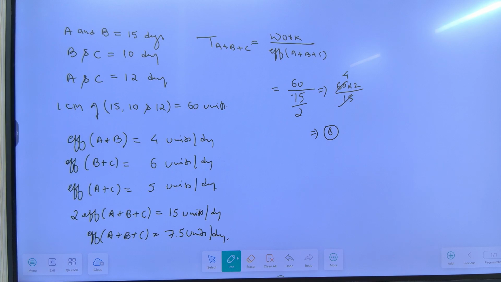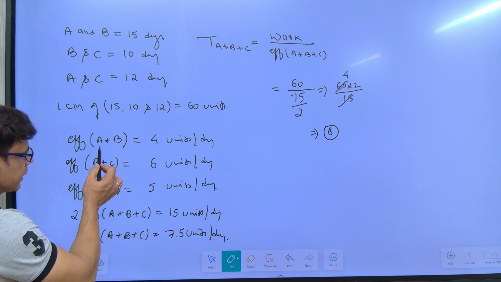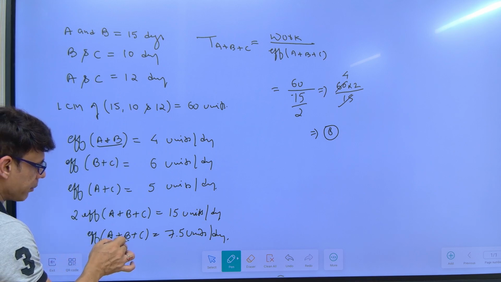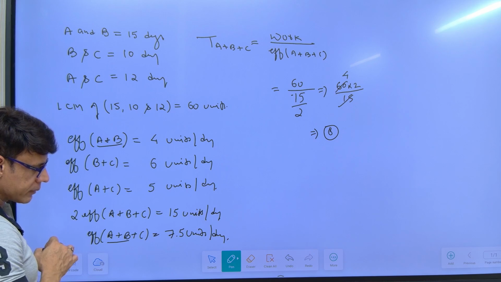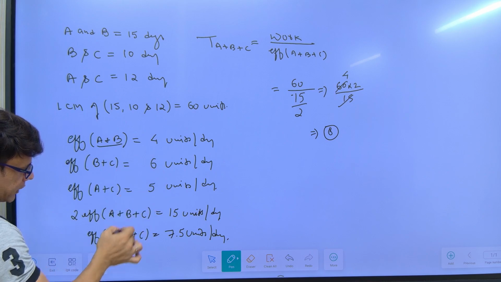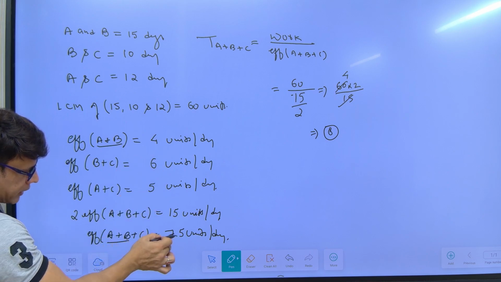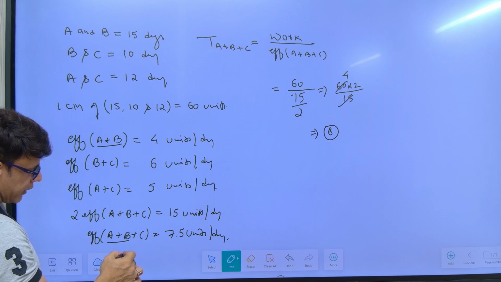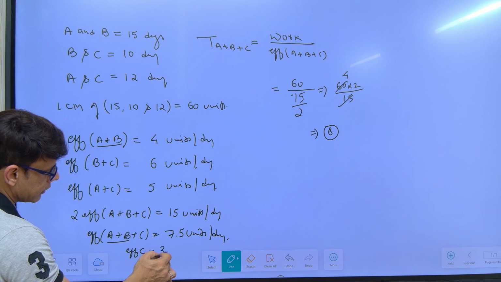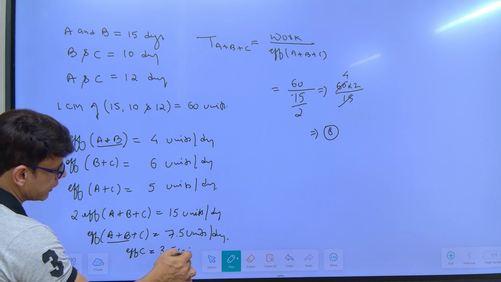Now how to find out their individual efficiency, that you also see. What is the efficiency of A plus B, and what is A plus B plus C? A plus B is 4, and A plus B plus C is 7.5. So from here, can we get the efficiency of C? How much is it? 3.5 units per day, right?